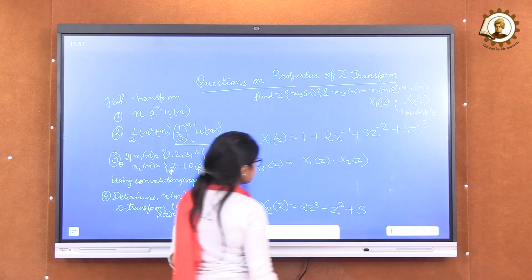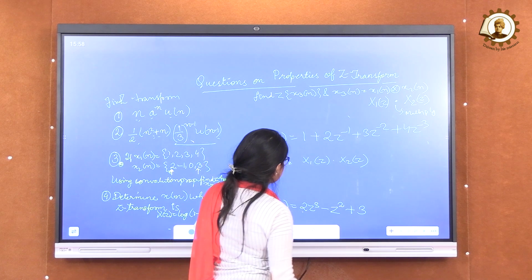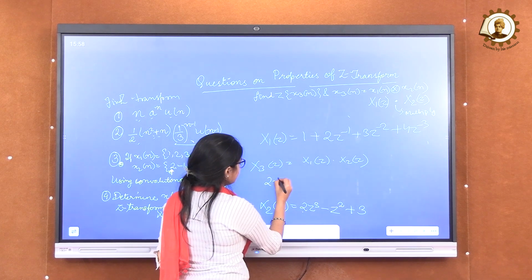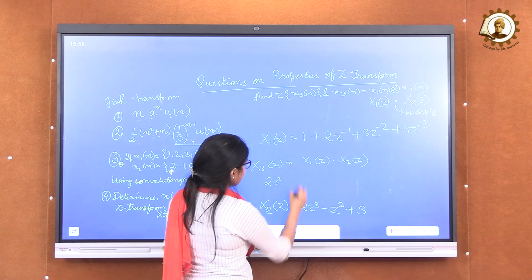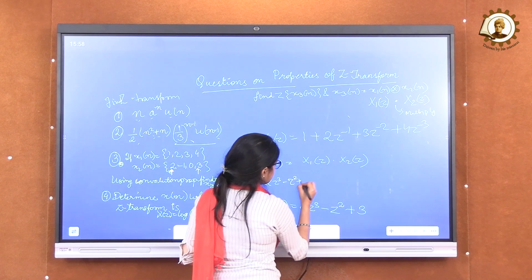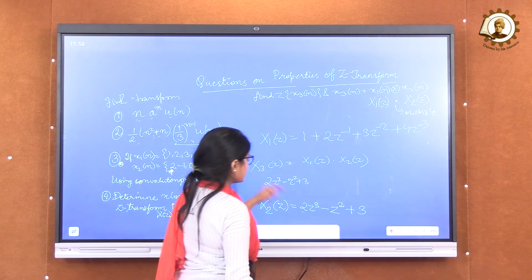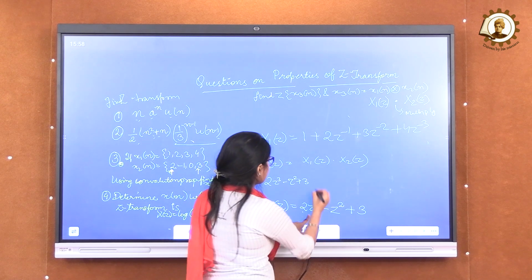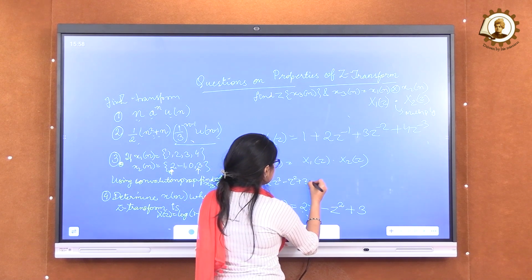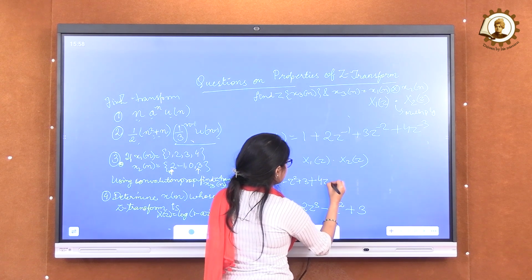Now if you multiply this, let's go one by one. 1 into 2z cube will give you 2z cube. Then 1 multiplied with all of these will give you the same thing, minus z square plus 3. Now this 2z to the power minus 1, if it is multiplied with this, how much will you get? 4 minus 1 plus 3.